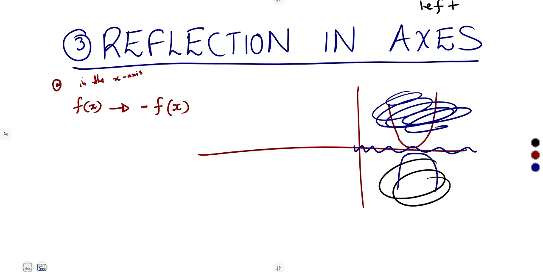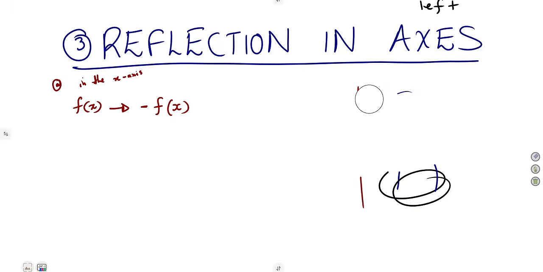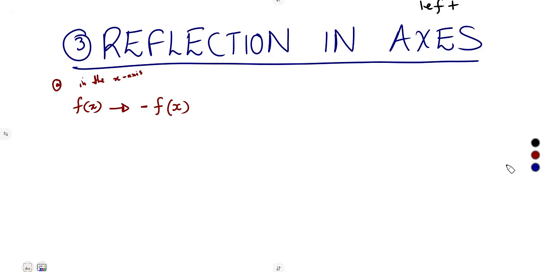But as for the points, when we are dealing with the x-axis, this is what we saw. If I am given the point (x, y), the x is not affected.